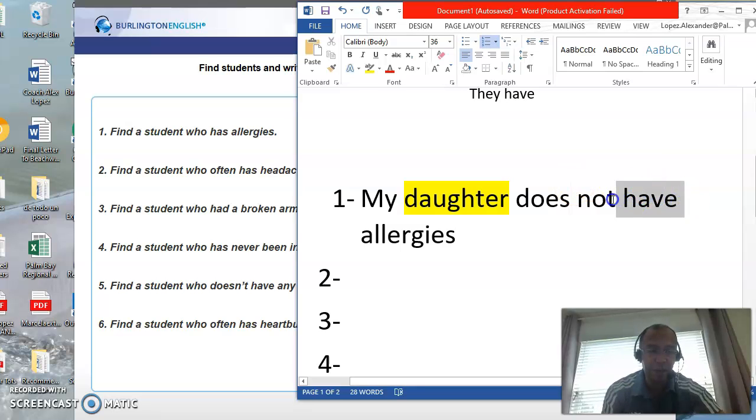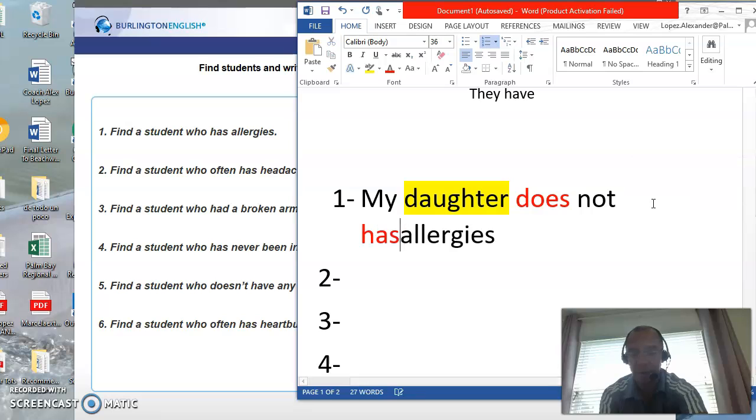Notice that you use have here when you use does, and that is correct. Because if you use does, that allows you to keep the verb in its infinitive form, its original form. So what if you say my daughter does not has allergies?